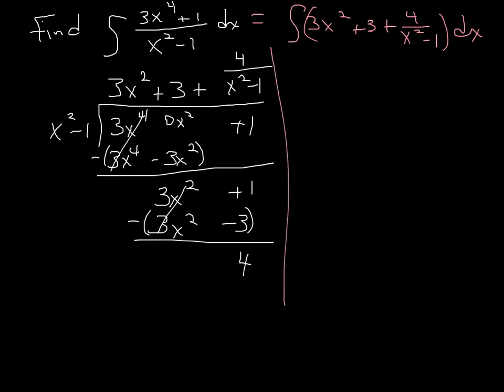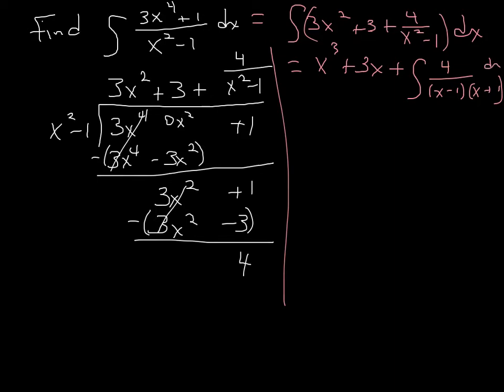So we've got equals, the integral of 3x squared is just x cubed, plus the integral of 3 is just 3x, plus the integral of 4 over, and instead of writing x squared minus 1, I'm going to go ahead and write it in its factored form. So x squared minus 1, x minus 1, x plus 1.